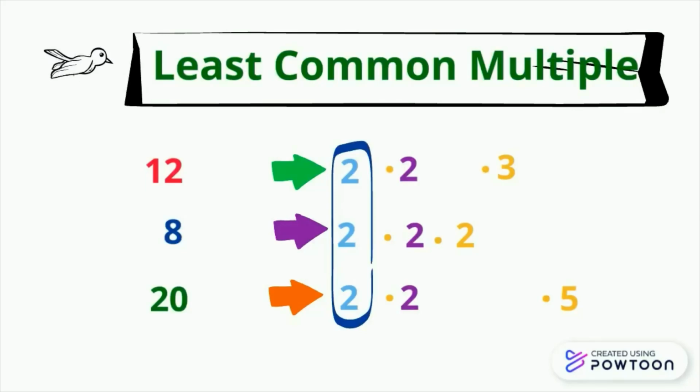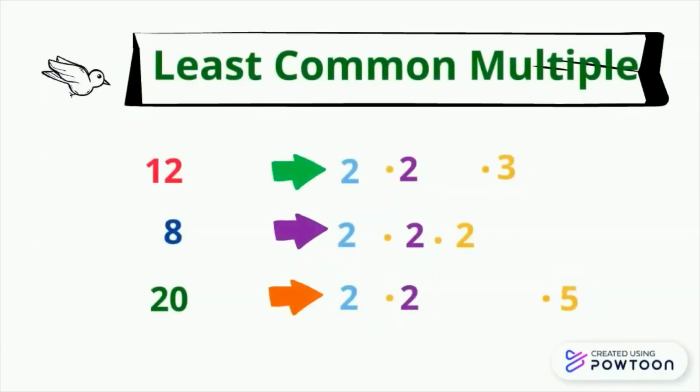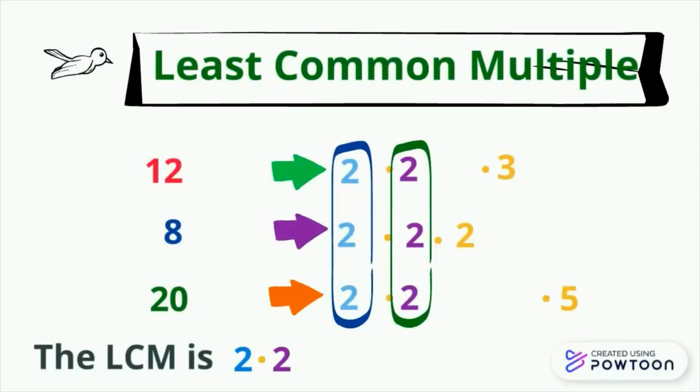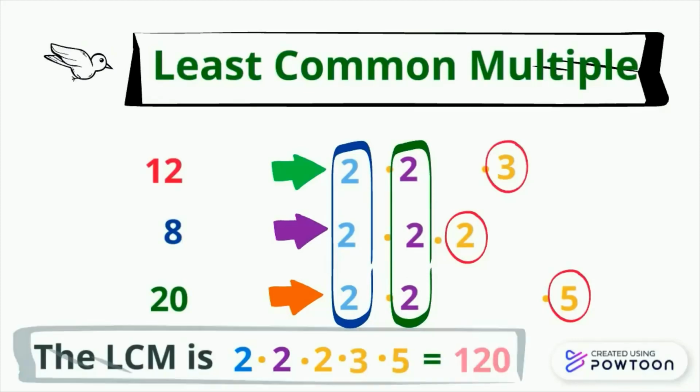Also, in the second set of 2's, take that as 1. Then, multiply all the remaining numbers 2, 3, and 5. As we multiply 2 times 2 times 2 times 3 times 5, the LCM is 120.